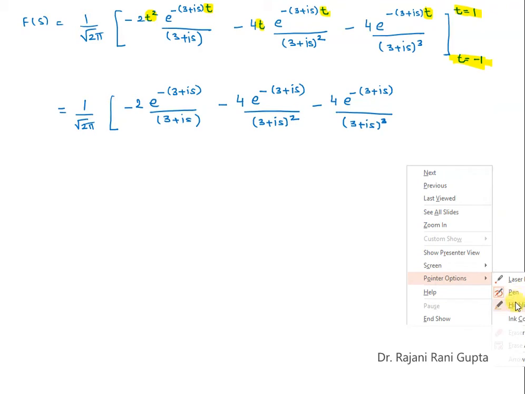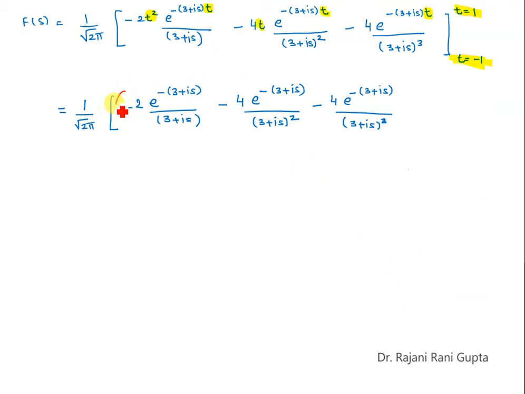So we get these values when t is equal to 1. Now subtract, we'll write the values here at t is equal to minus 1, which is the lower limit.